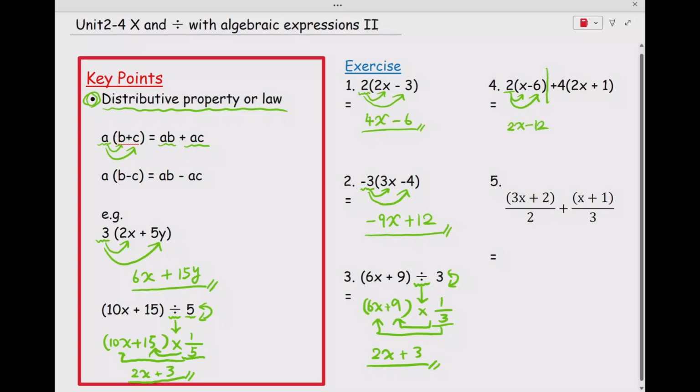And now, let's calculate the other one, plus 4(2x + 1). First, multiply plus 4 with everything inside the brackets like this, and you get plus 8x plus 4. Finally, adding these two together between like terms, then you get 10x minus 8.